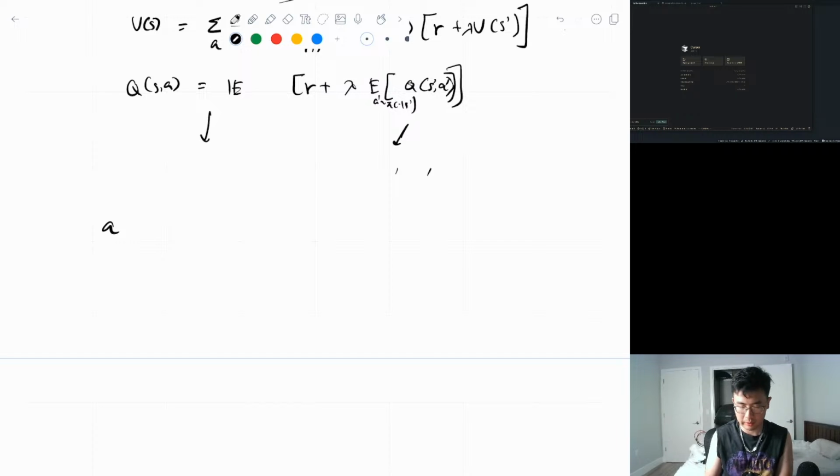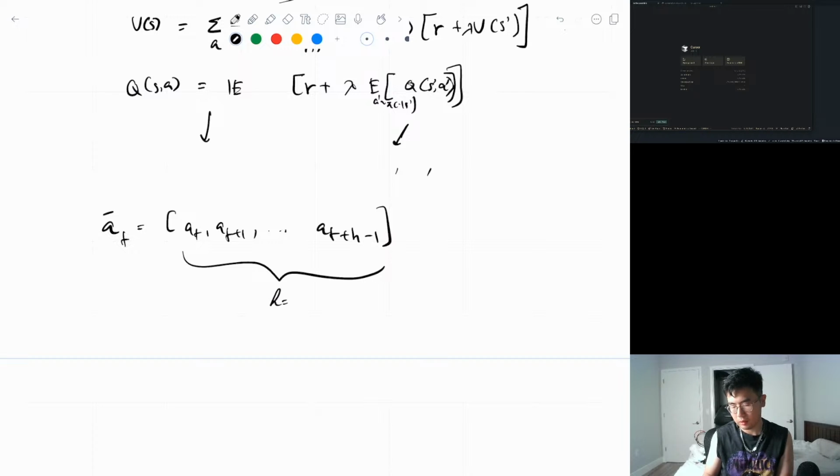So an action chunk is equal to a_t, a_{t+1}, up to a_{t+H-1}, where H equals the horizon.